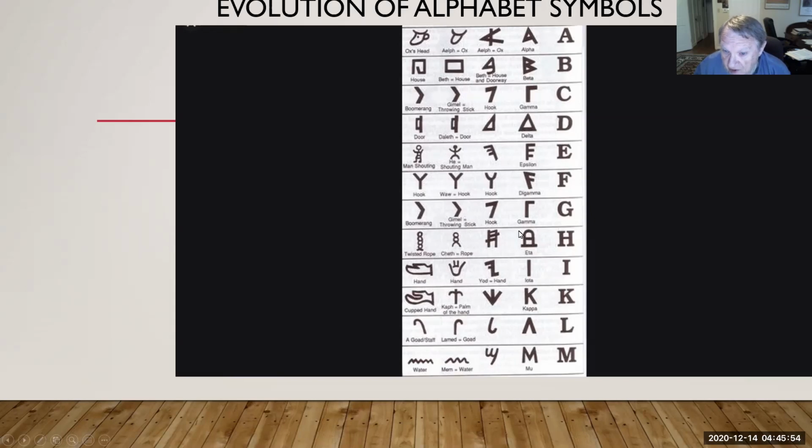This column, by the way, is Greek. And this is the original pictures, and these are the somewhat stylized. So notice that water, and then became M, but the Greek alphabet is the key, because what the Greeks did was they borrowed this writing system and changed it into an alphabet. And we'll be talking about that more in a minute.